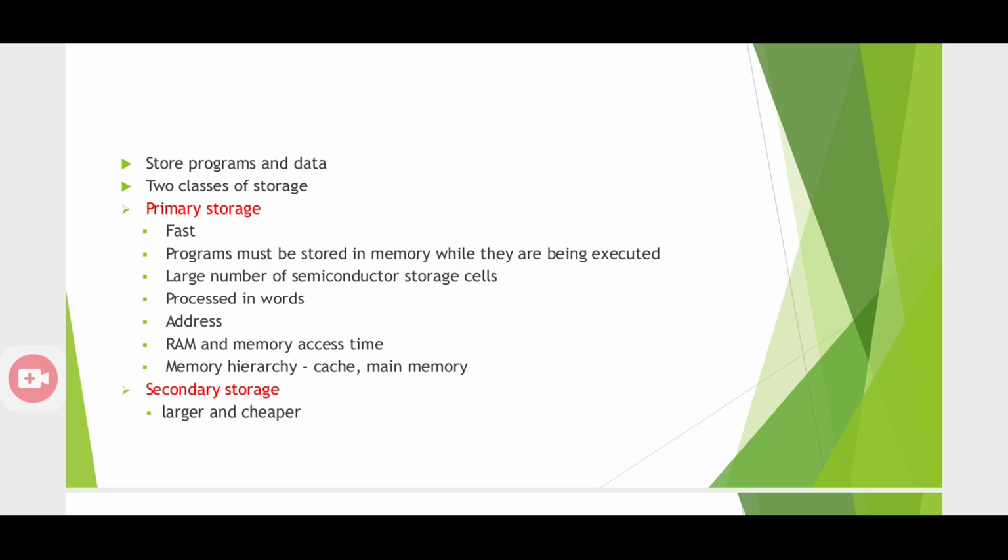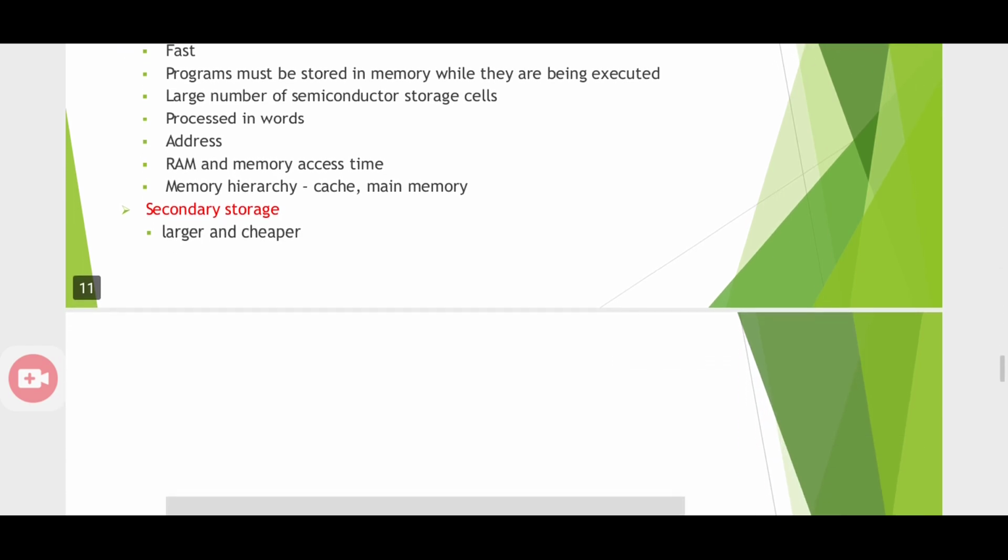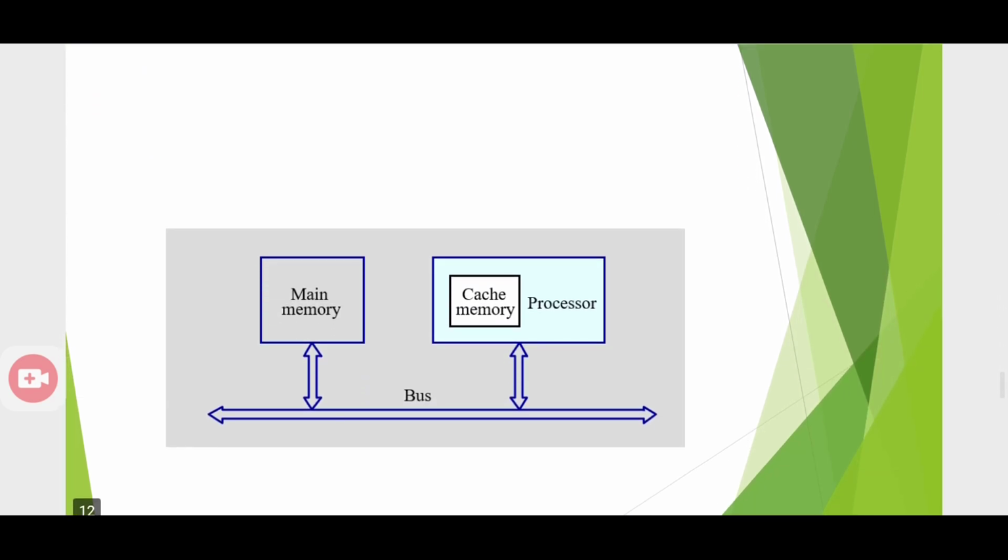The primary memories are RAM and ROM. Secondary storage is larger and cheaper. The main memory and the processor are connected by a communication channel known as the bus. Along with the processor we have cache memory and also registers.